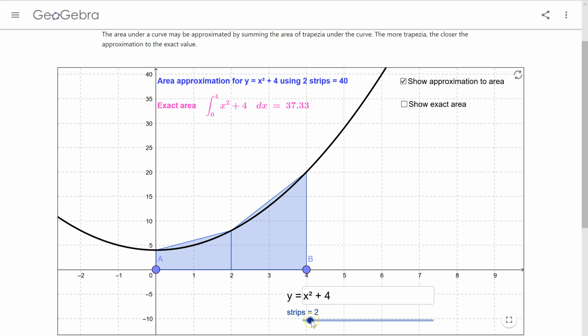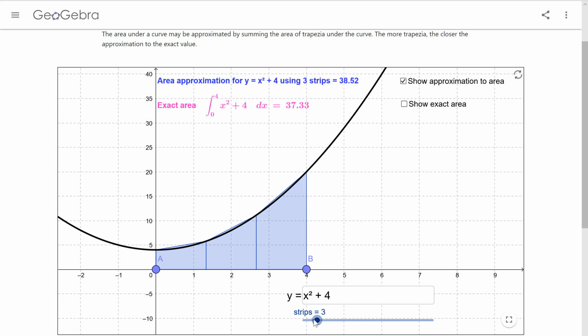So with just two strips integrating this curve y equals x squared plus 4, whose exact area is 37.33, then with two strips we're getting a value of 40, whereas with one strip we had 48, so just doubling the number of strips brought it down very significantly.